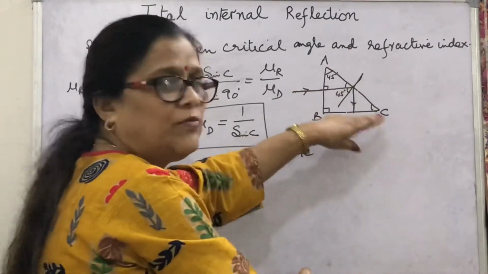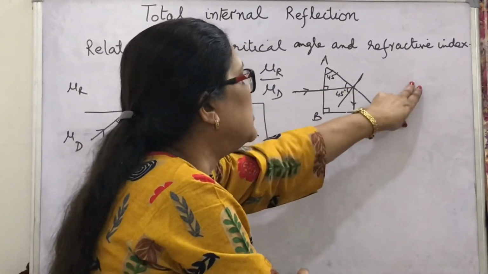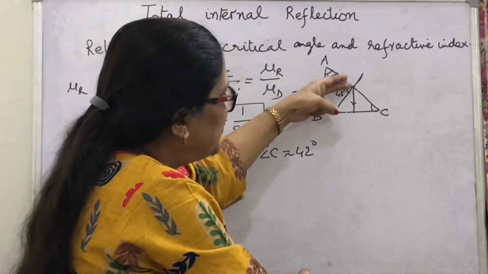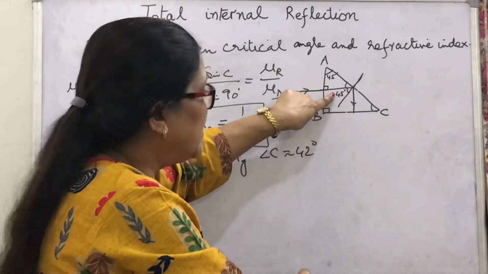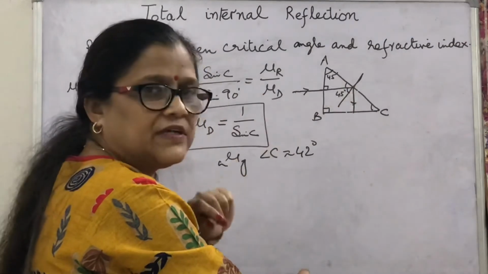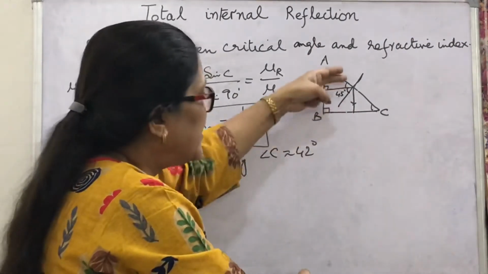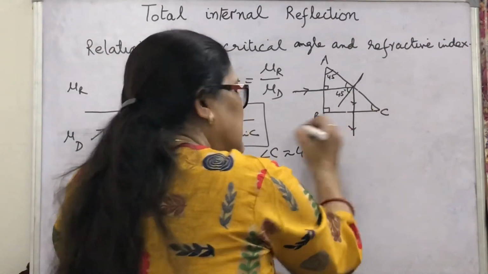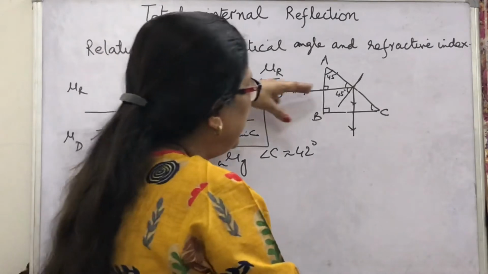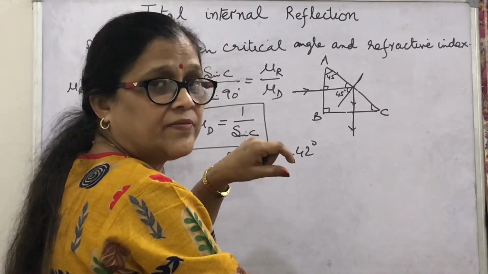Although there is no polish, it could move on this side, but due to TIR, as its angle of incidence is greater than the critical angle, total internal reflection takes place. Now for the surface BC, it again becomes normal, so it comes back into air. So we see that the bending of the light ray is by 90 degrees.